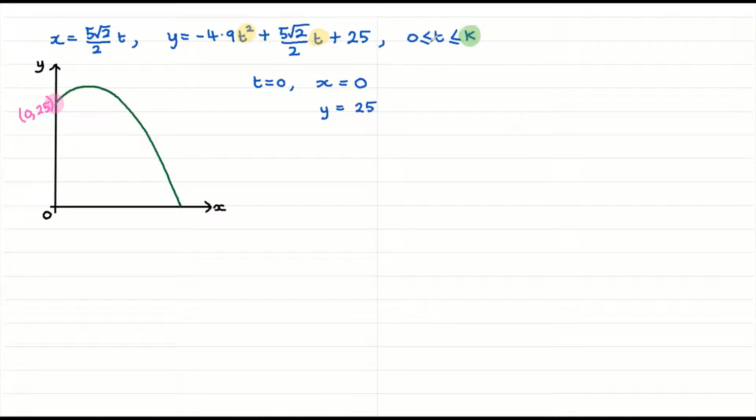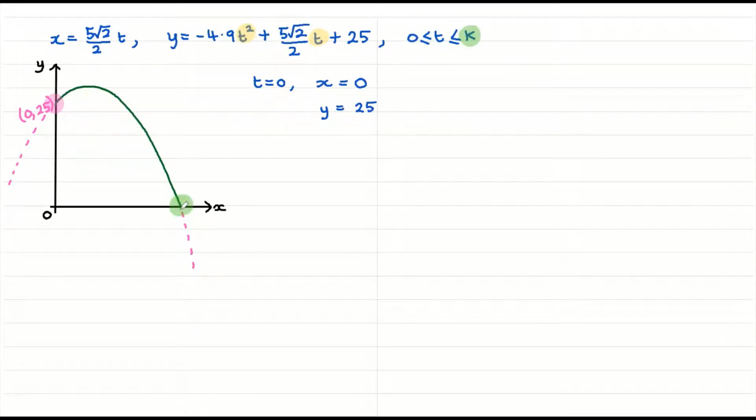So it would want to continue down here, depending on how it's defined, like if it's defined for all real values of x, for example, or all real values of t, then it would just continue. And similarly, it would continue on the left-hand side as well. It would kind of carry on down here, behaving as quadratics behave. So we have to fix the domain and fix the range of values of t to make it fit this path of the stone, because the stone will stop moving once it hits the ground at this point here.